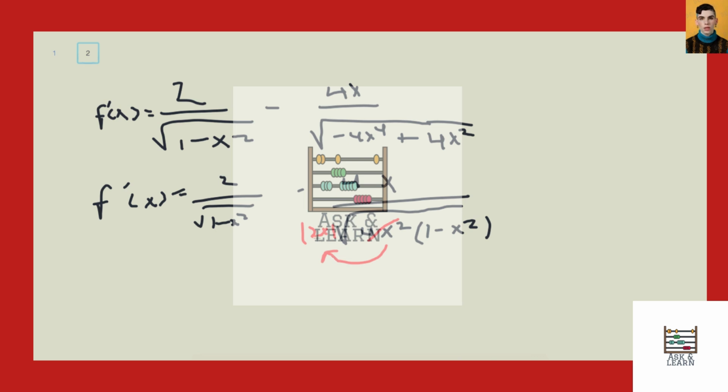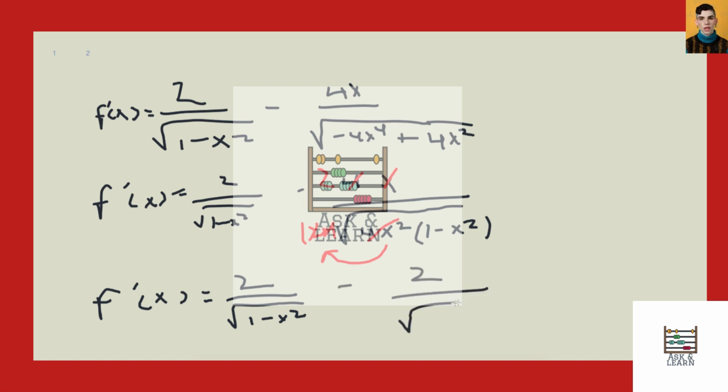So we're just going to cancel the 2 and the x's. Then we are going to have f prime of x equal 2 over the square root of 1 minus x squared minus 2 over the square root of 1 minus x squared as well. And we know that this is equal to 0.